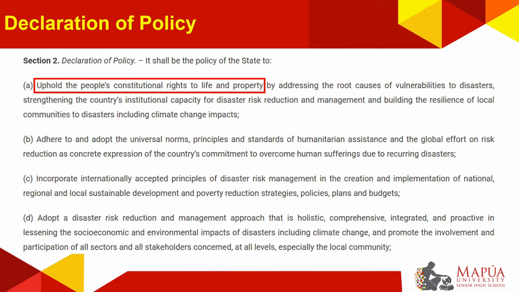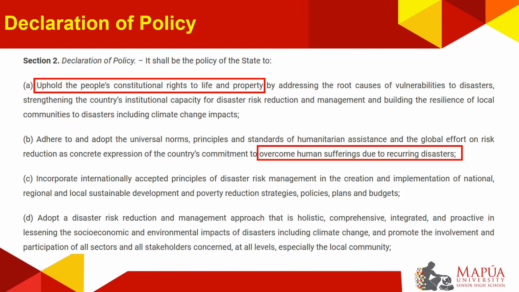Letter B is to adhere to or adopt the universal norms when it comes to overcoming human sufferings due to recurring disasters. This policy addresses that we, as Filipinos, or as members of the Philippine government, should adhere to and adopt universal norms, principles, and standards of humanitarian assistance and global effort on risk reduction as an expression of overcoming human suffering.